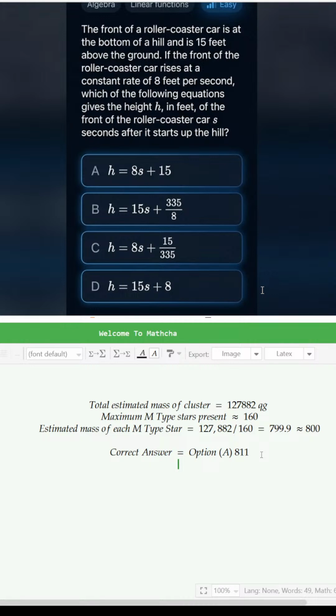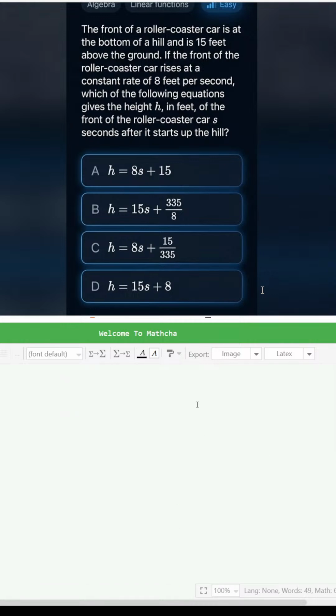So let us write it. We are given that the initial height of the front of the roller coaster car is 15 feet, and the rate of increase of height is 8 feet per second.